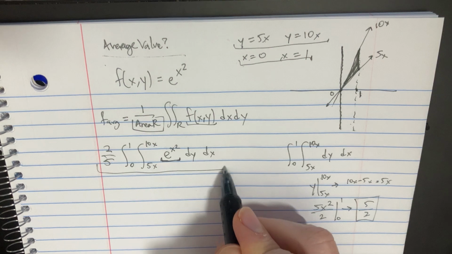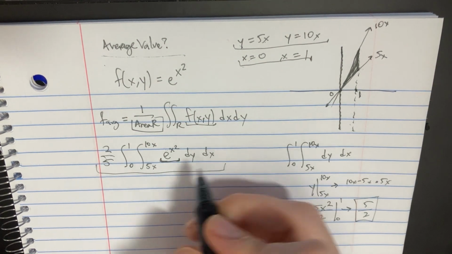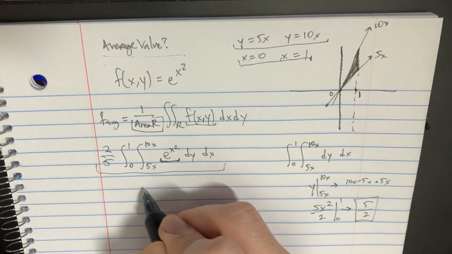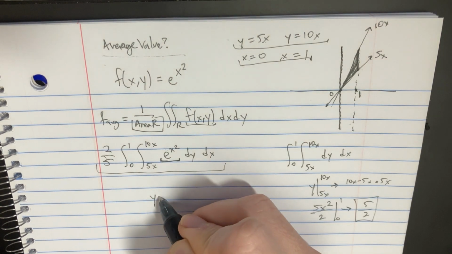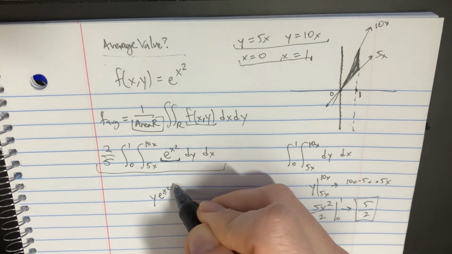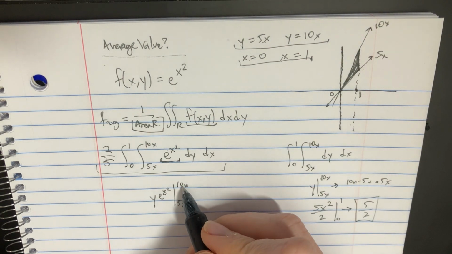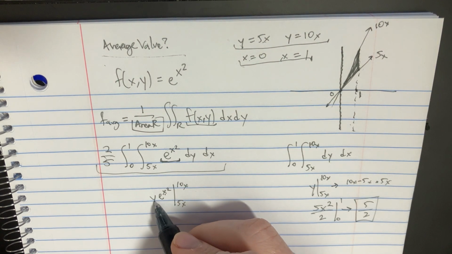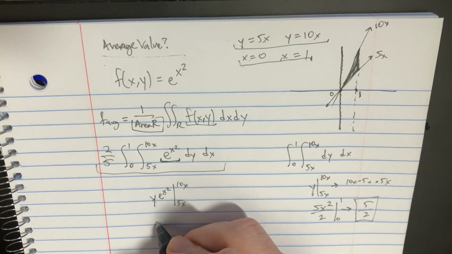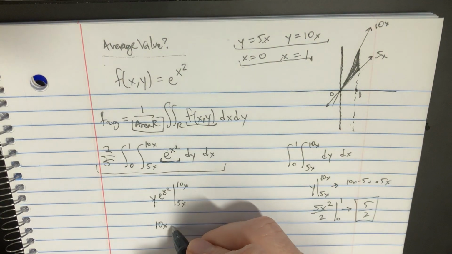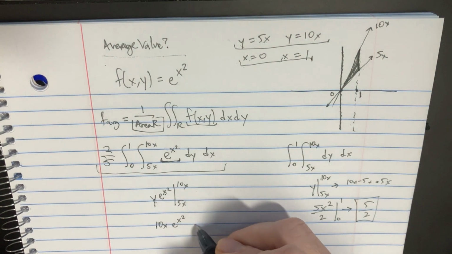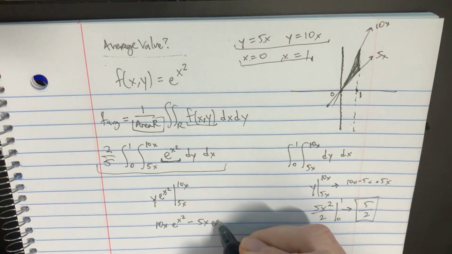And now we've got this thing, so we can do this integral in the middle here. It's going to be pretty easy. Again, we just stick the y there, e to the x squared, going from 5x to 10x. And that's going to go in the y's. So we'll get 10x times e to the x squared minus 5x times e to the x squared.